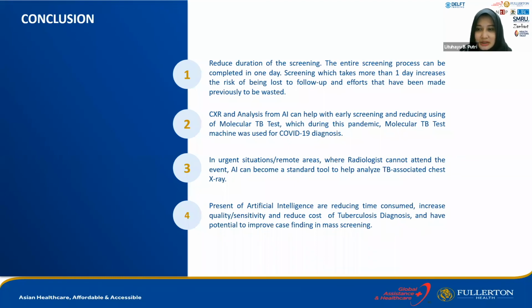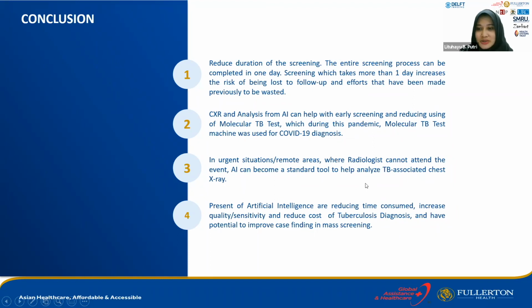Sometimes the ability still varies, so this kind of AI actually helps set the standard and helps to decide if it is suspect or not. And so in the end, the presence of artificial intelligence reduces time consumed, increases the quality of the screening, and reduces the cost of TB diagnosis. And it has the potential to improve mass screening.